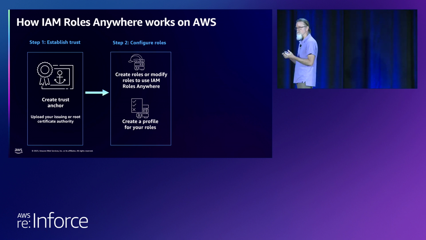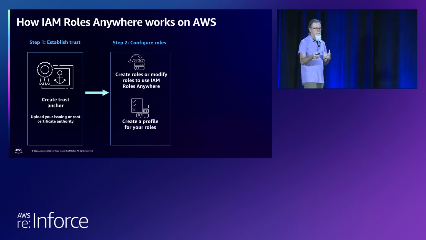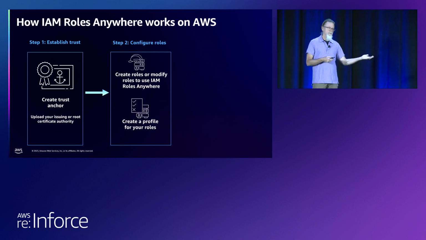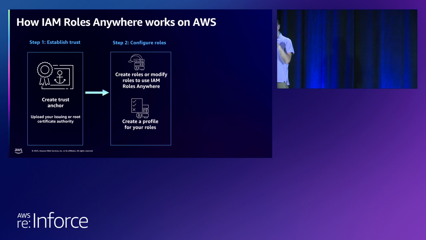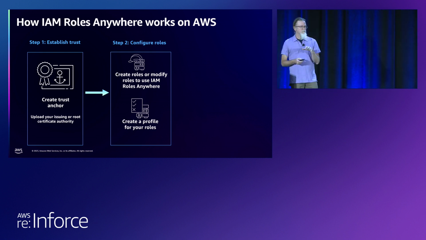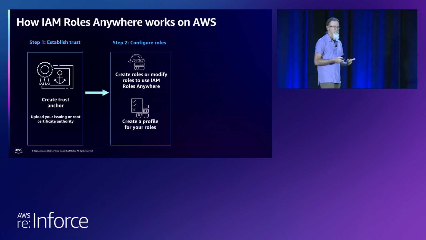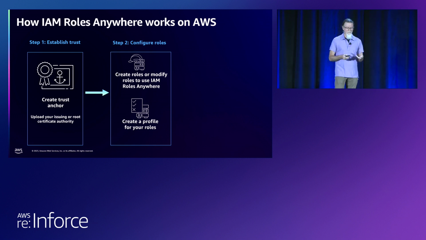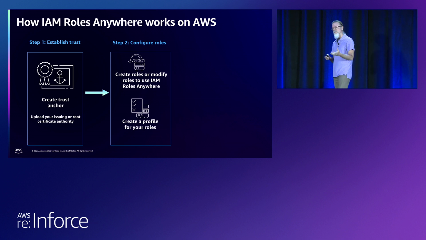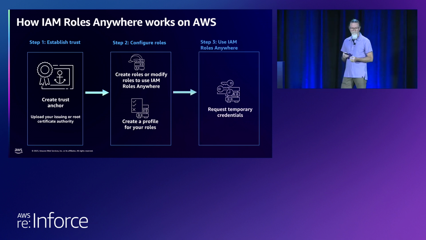A profile is, one, a pointer to that role, but two, a mechanism to add additional policy constraints. When you have a role, you have policies attached to it, but you might say, when I'm using this role from my data center, I want to enforce network restrictions. I only want it to come from the IP addresses that I know are the egress from my data center. You can use the profile to do that.